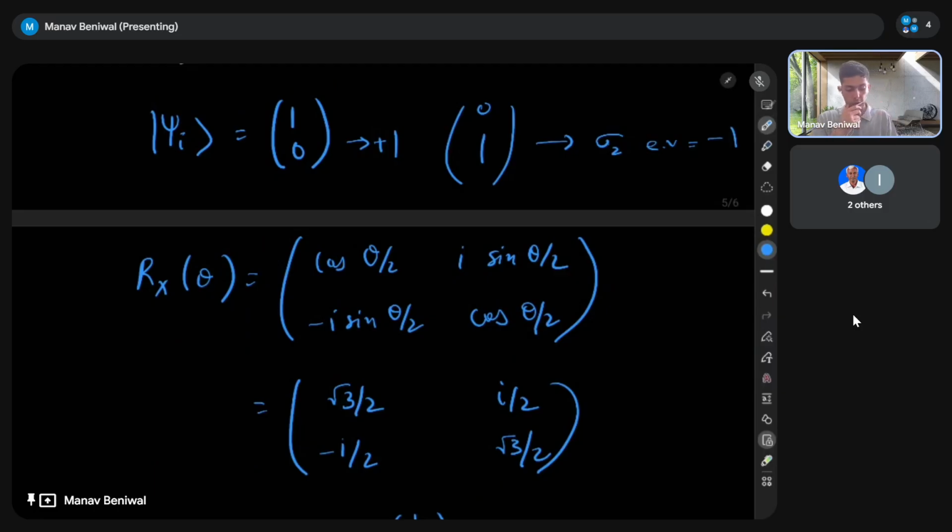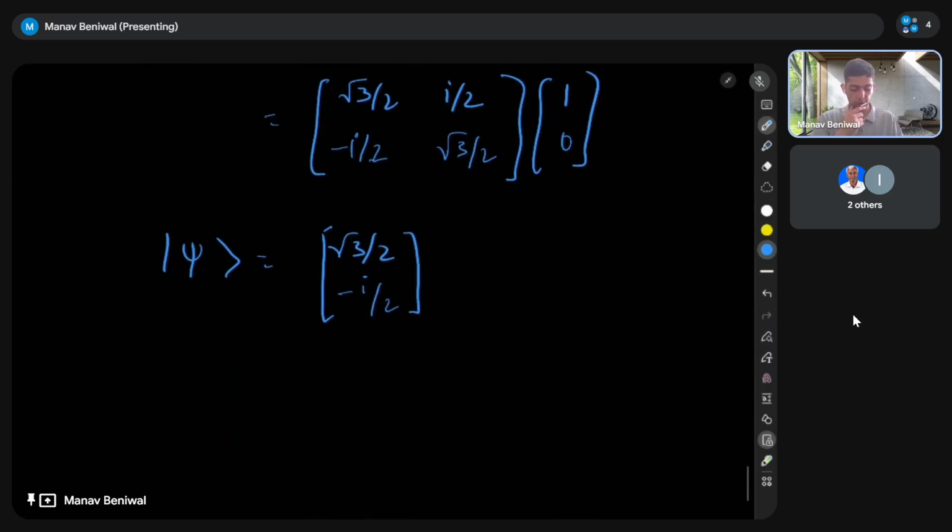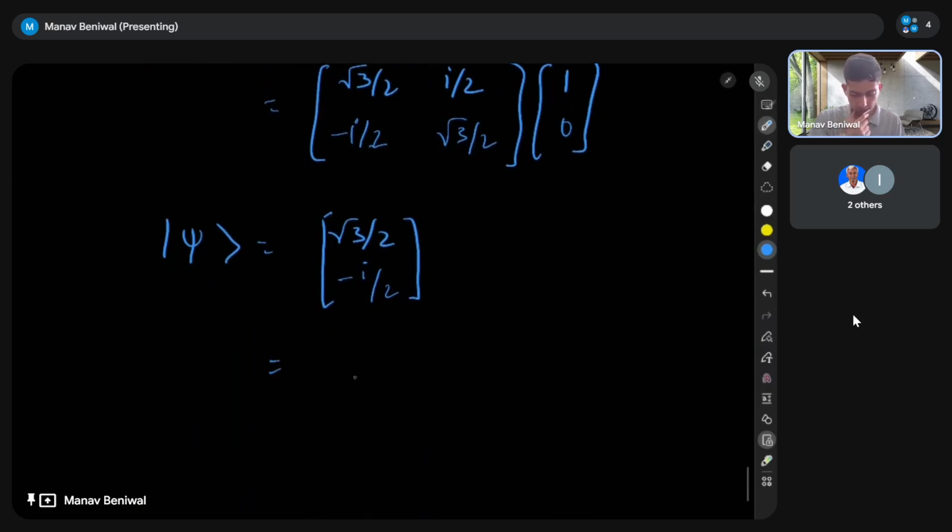So if I want to write this final state psi in terms of the two states, I can simply write it as root 3 by 2 (1, 0) minus iota by 2 (0, 1).